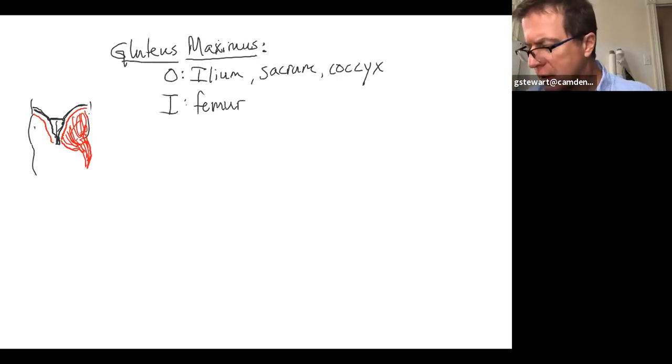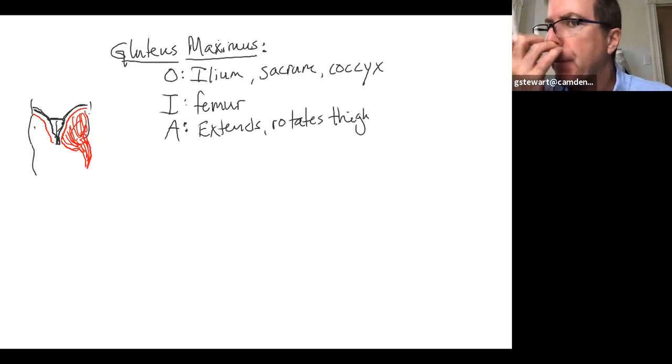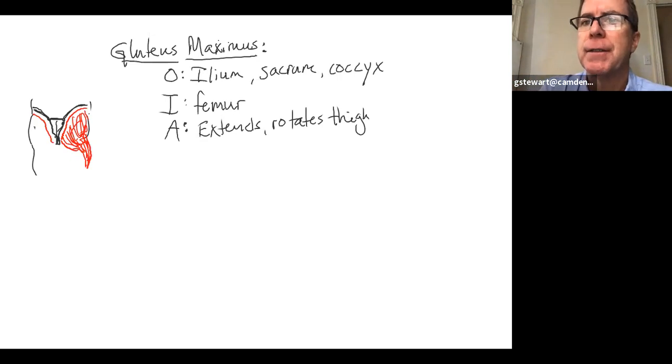So I'll try to shorten this one for you. Let's just say actions. Believe me, there are more than this. Extends, comma, rotates the thigh. Think upper leg or femur. That's where the insertion is.